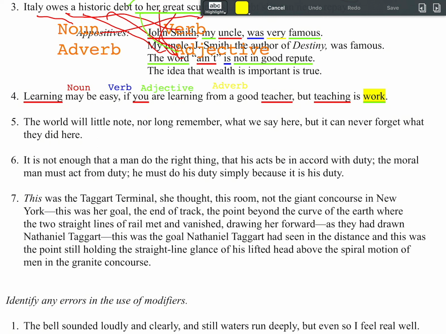GoodReader remove highlight. Can't find a way to remove highlight. It's totally one of their FAQ questions on their website.